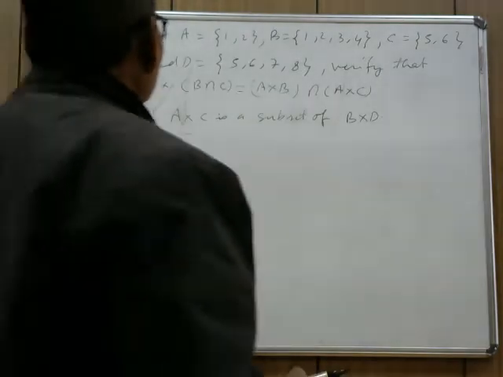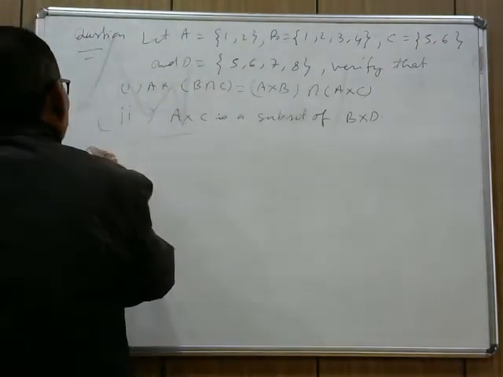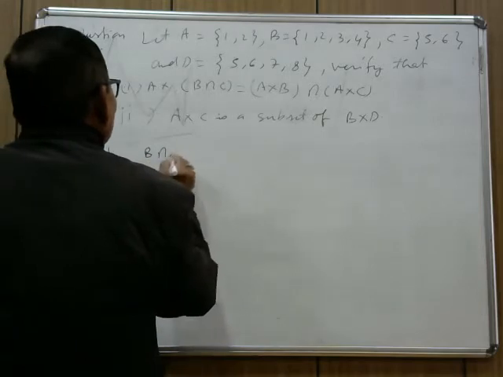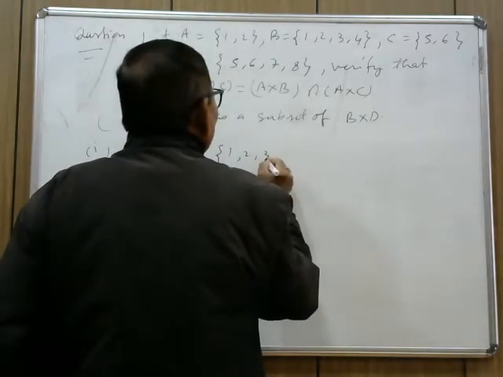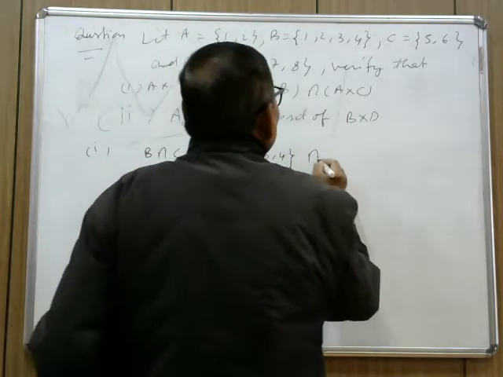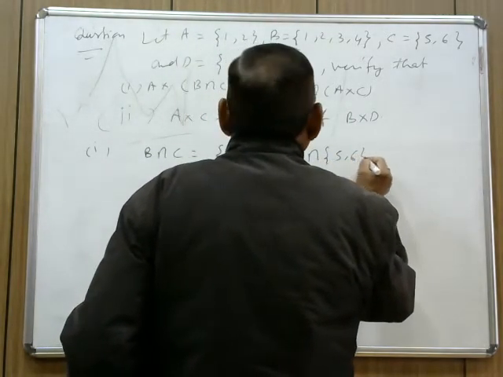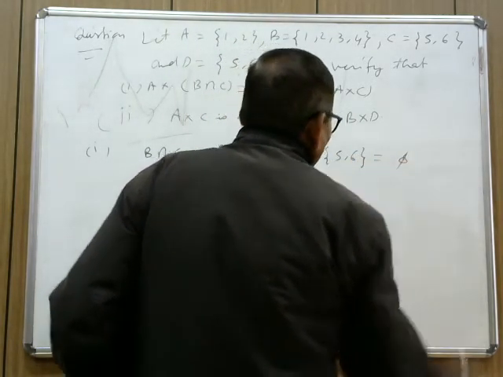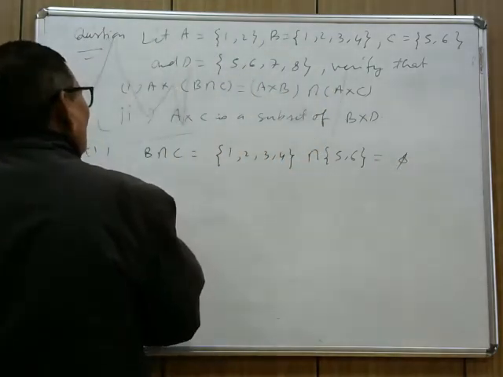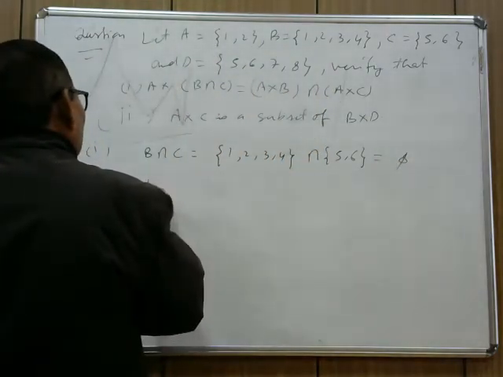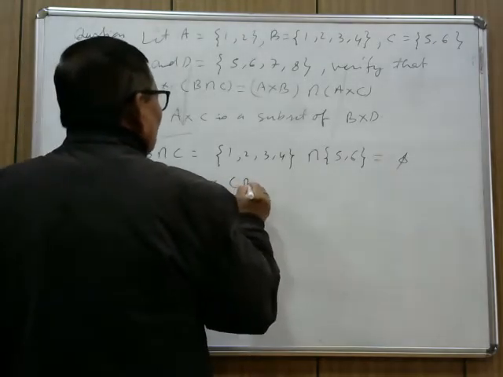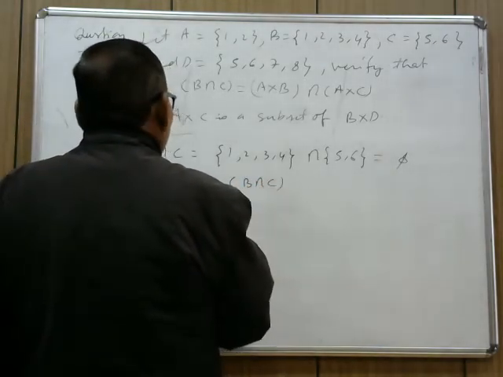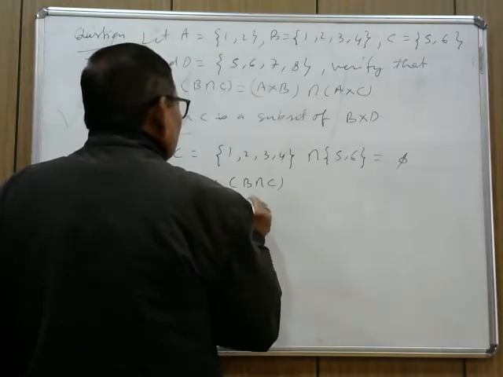So first of all, you find B intersection C. B is {1, 2, 3, 4}, intersection {5, 6}, that is equal to the null set. They have no common element. Now your LHS is equal to A cross (B intersection C), that is A cross null set.